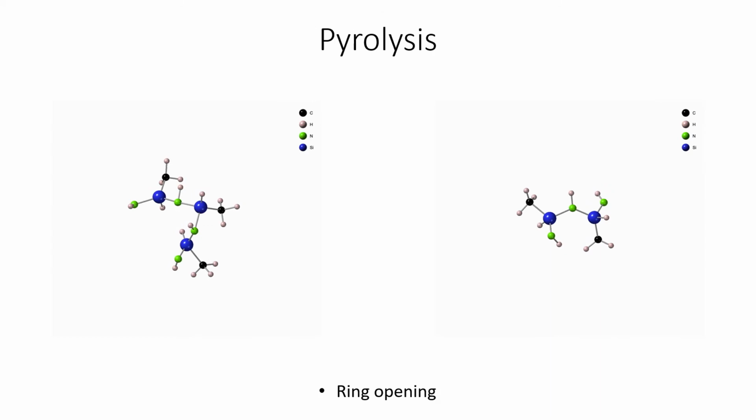The following pyrolysis reactions we observe are in the Si15 ring model, and these first two reactions are ring openings. You will see that this bond between the silicon and the nitrogen breaks, and this hydrogen here will migrate to this other silicon atom over here.